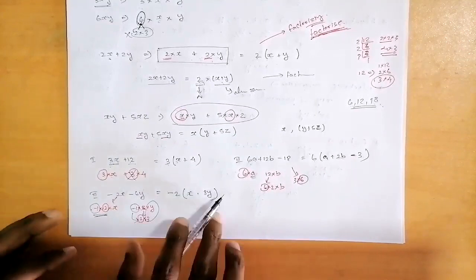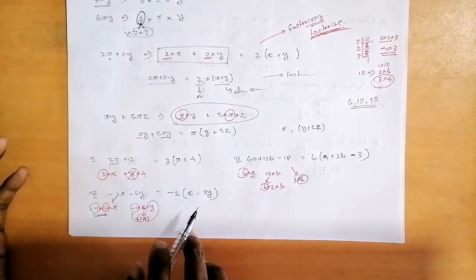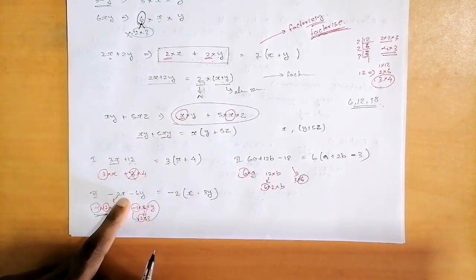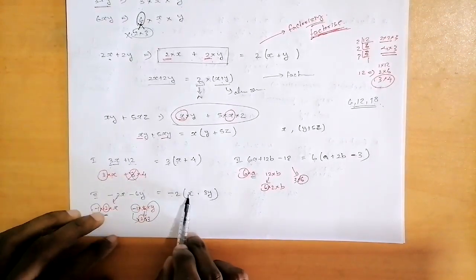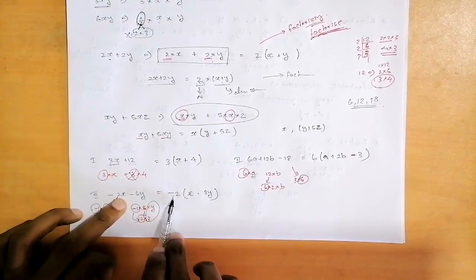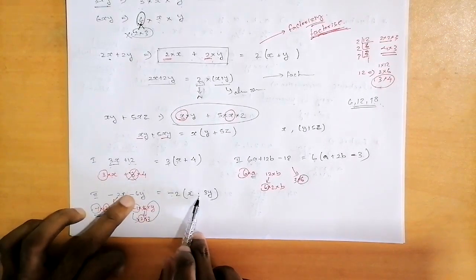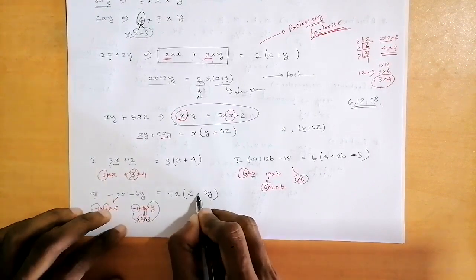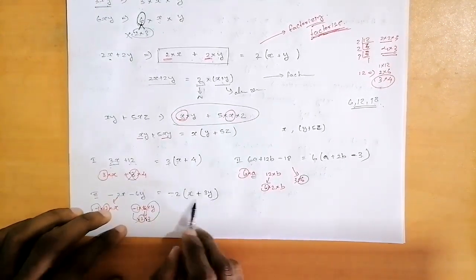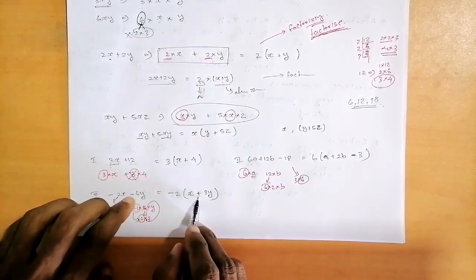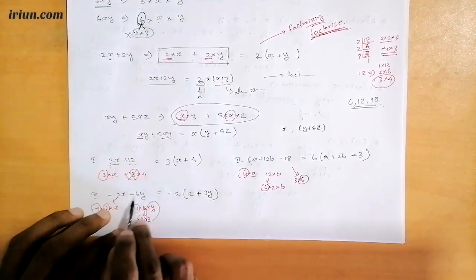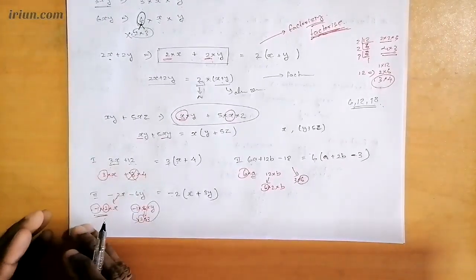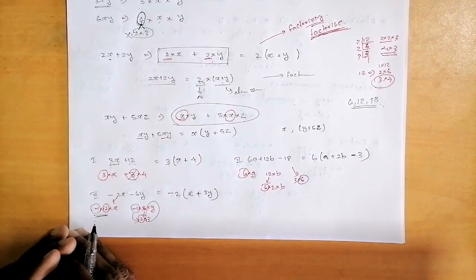If you multiply it, as you studied in binomial expressions, minus 2 into x gives minus 2x, and minus into what gives minus 6y? It is always plus. So minus into plus, minus 6y, 2 into 3y.